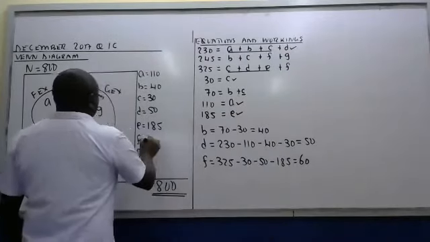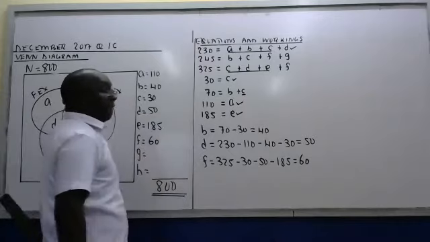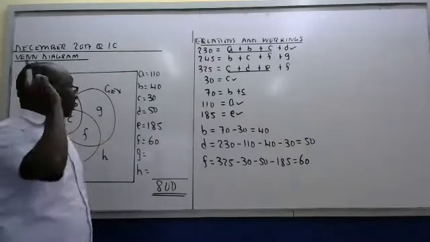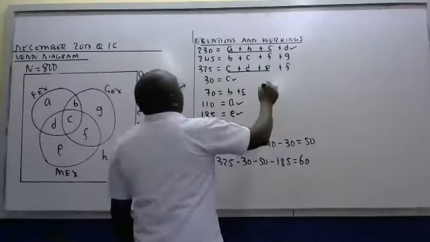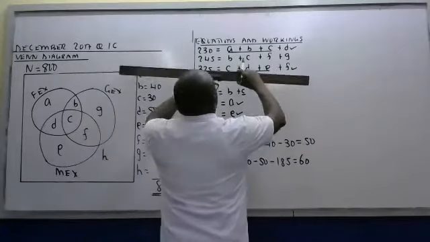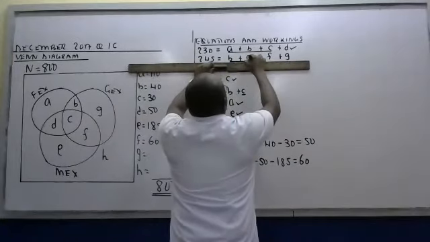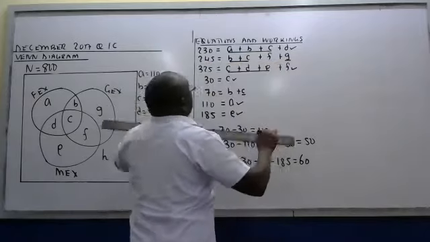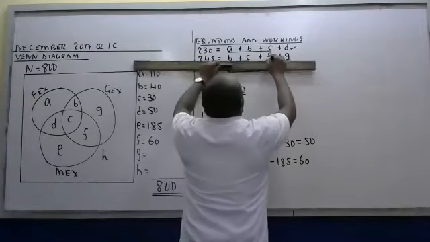So F is 60. So this one has assisted. So we can come back here and get our BC. Rather, we already know F.